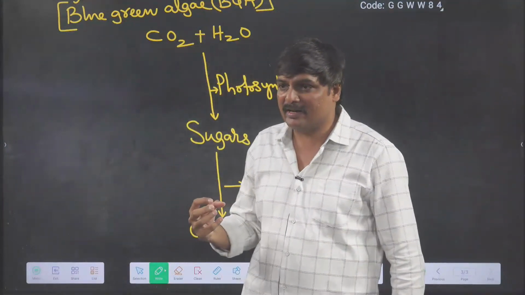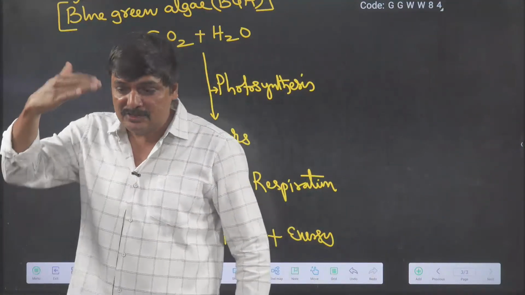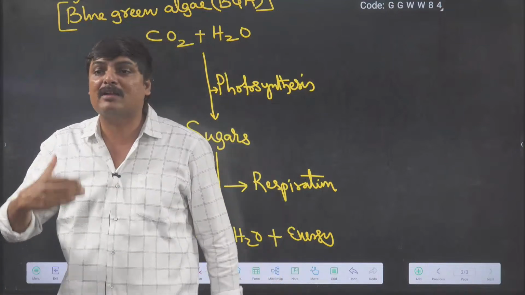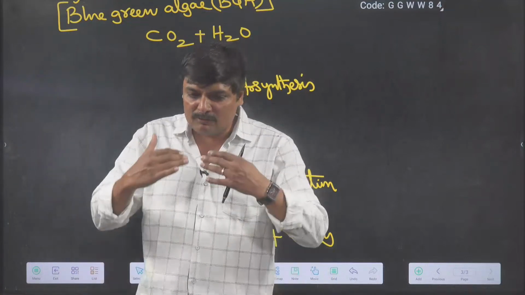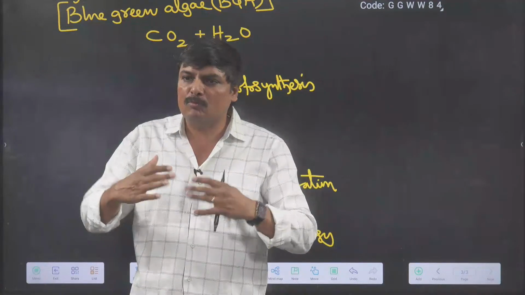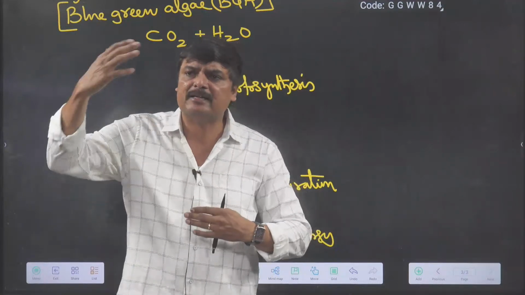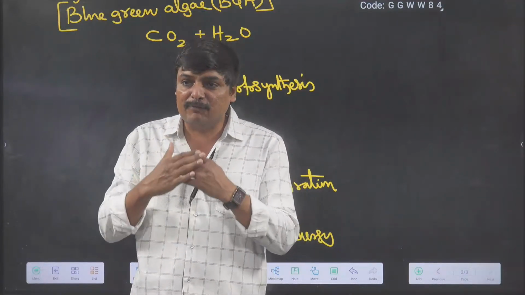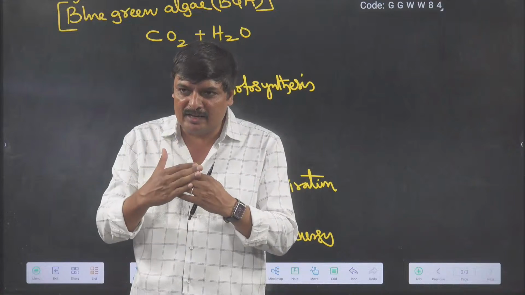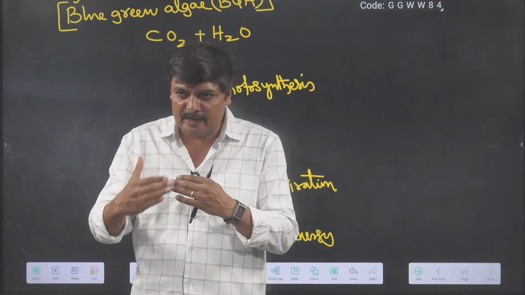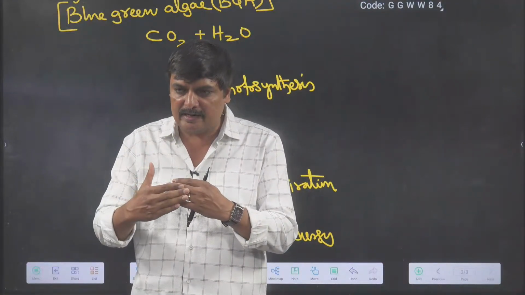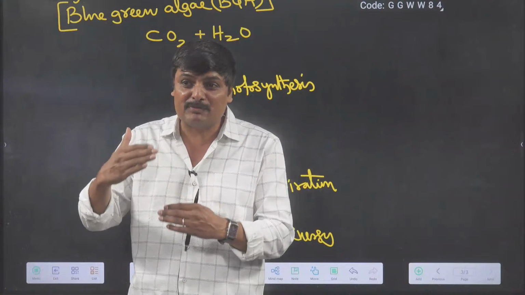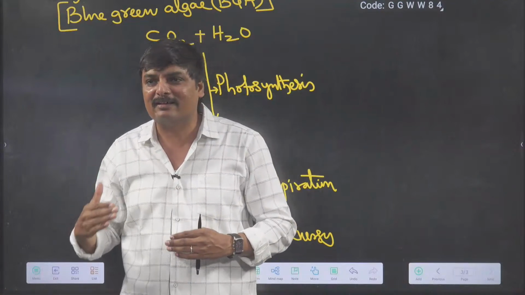Energy is liberated slowly in a stepwise manner, not at once. If the energy is liberated at once, most of it is lost in the form of heat. Therefore, energy during respiration is liberated in a stepwise manner, slowly.